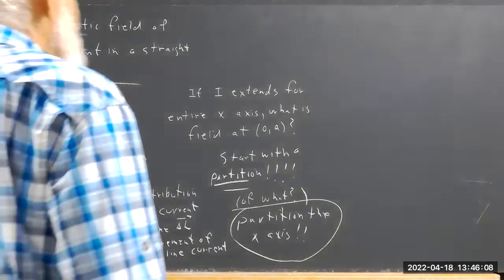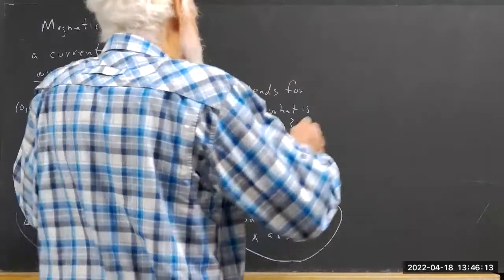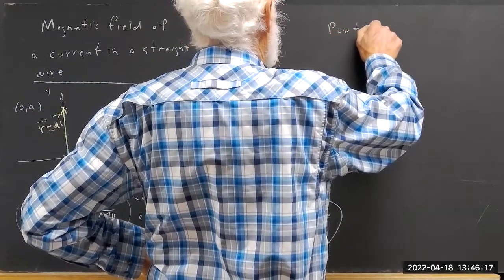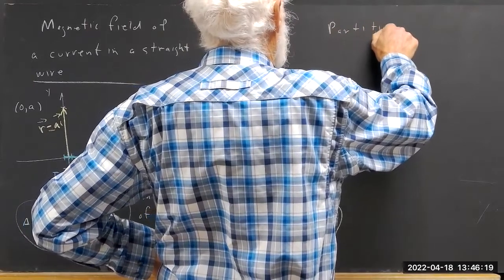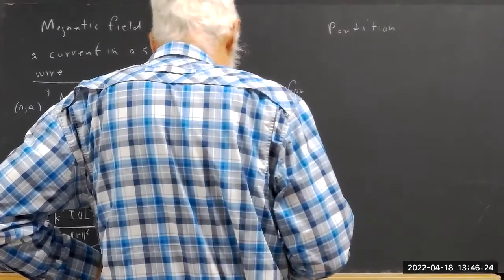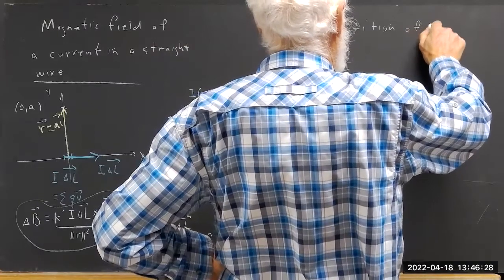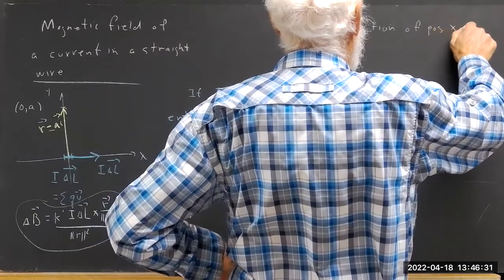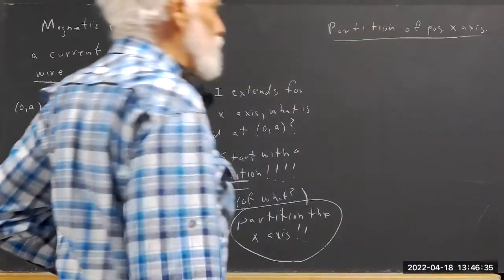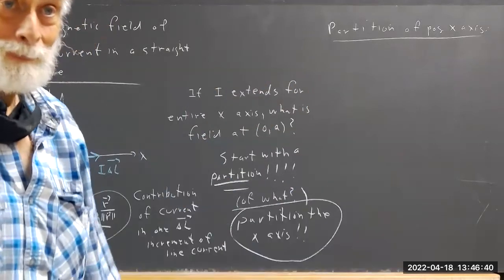I'm going to write this out for you because I'm running out of time. Just for simplicity, it's a little simpler to partition the positive x-axis because we don't have infinities in both directions.